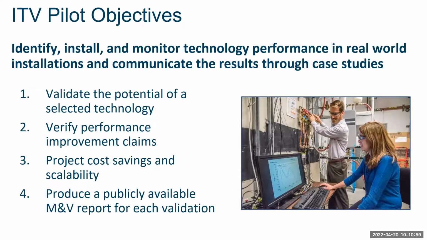So once a technology and host site have been identified, the technology will be installed at the industrial host site, and the DOE National Lab experts will then come in to validate the potential of any selected technology, to verify performance improvement claims, to project cost savings and scalability, and then to share that information broadly through publicly available M&V reports and case studies so that others can learn from these field validations.